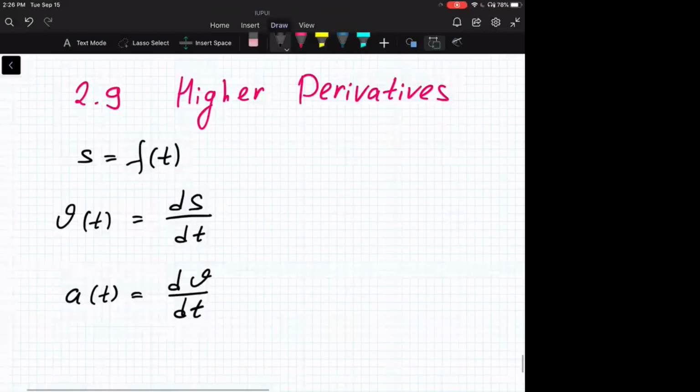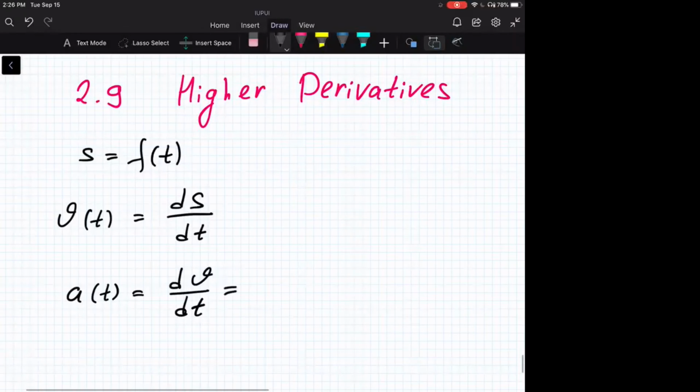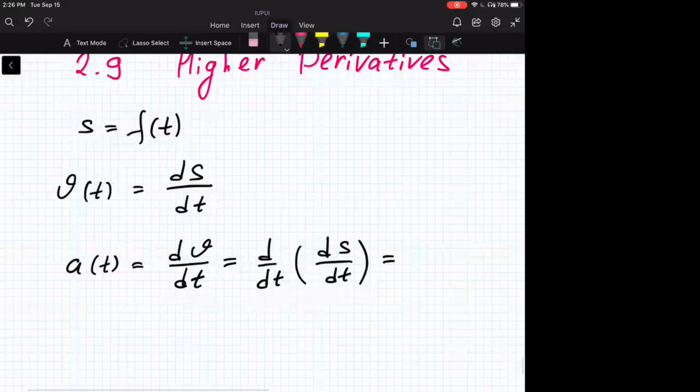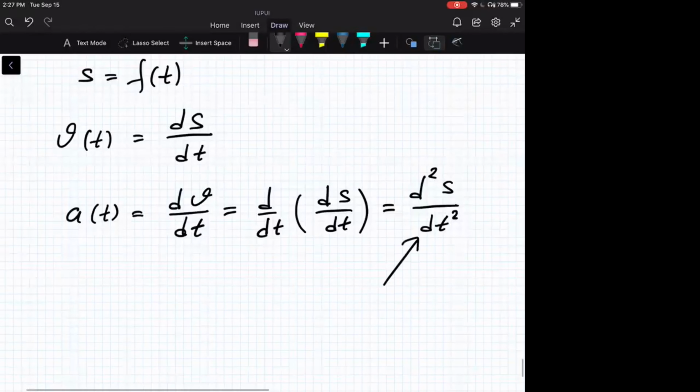But we can continue that, because velocity is itself a derivative of s, so ds over dt. And we also gave the notation for that. We wrote that it is d squared s over dt squared. And this is an example of the second derivative.